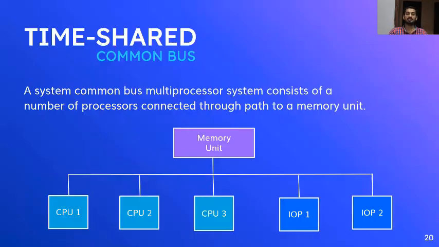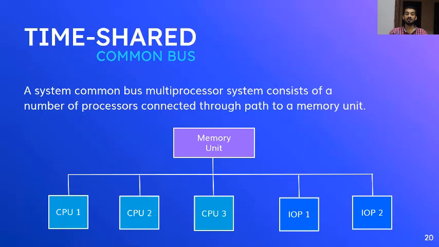So what is a time shared common bus? A system common bus multiprocessor system consists of a number of processors connected through a path to the memory unit. As you can see, the path that connects the memory unit to the CPUs is called the time shared common bus.